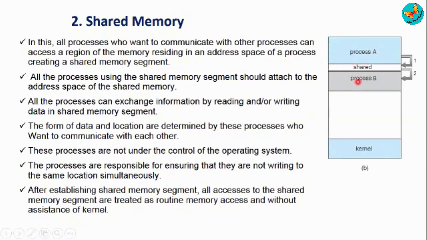Means here what is happening is that process A and process B are going to take care of this shared memory space, and the kernel will not be involved in any of this sharing of information. So this is all about the shared memory inter-process communication model. In the earlier diagram, we have seen the kernel was involved, but here the kernel is not involved.